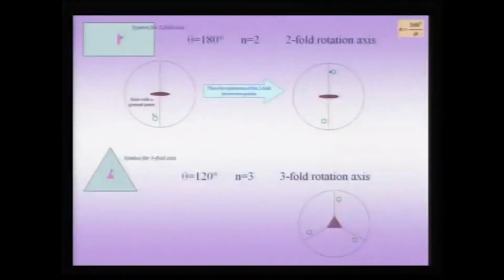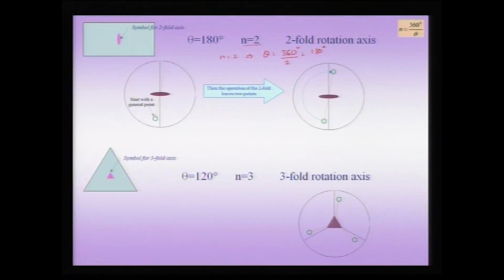For instance, take a point, the green circle, which is above the plane of the slide. We know that n equal to 2 implies that the rotation is 360 by 2. Therefore a two-fold rotation axis rotates a point, and therefore the entire space for that matter, by 180 degrees.